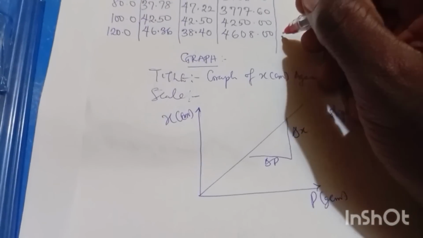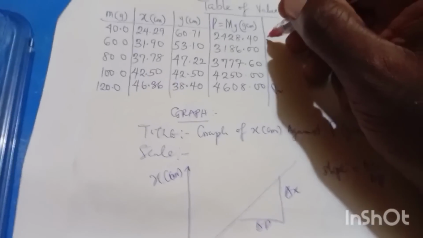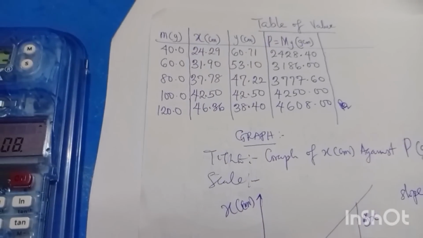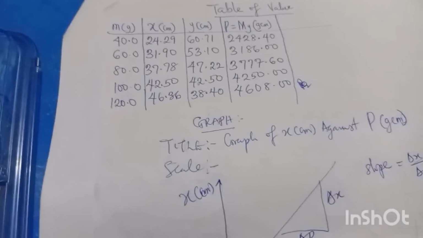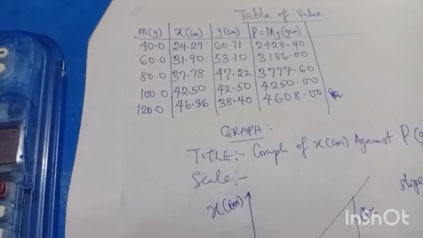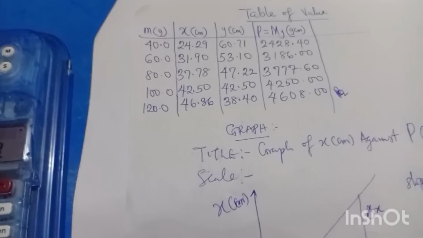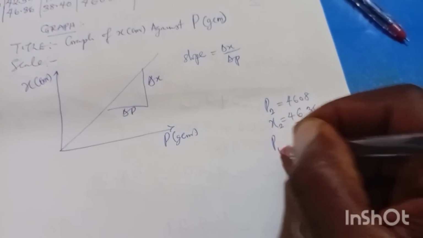Let's say my p2 is 4608, and my x2 is 46.336.